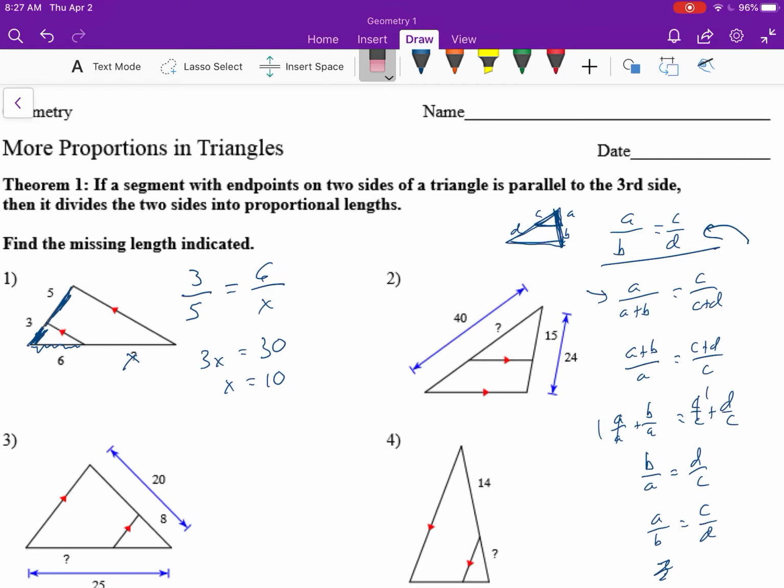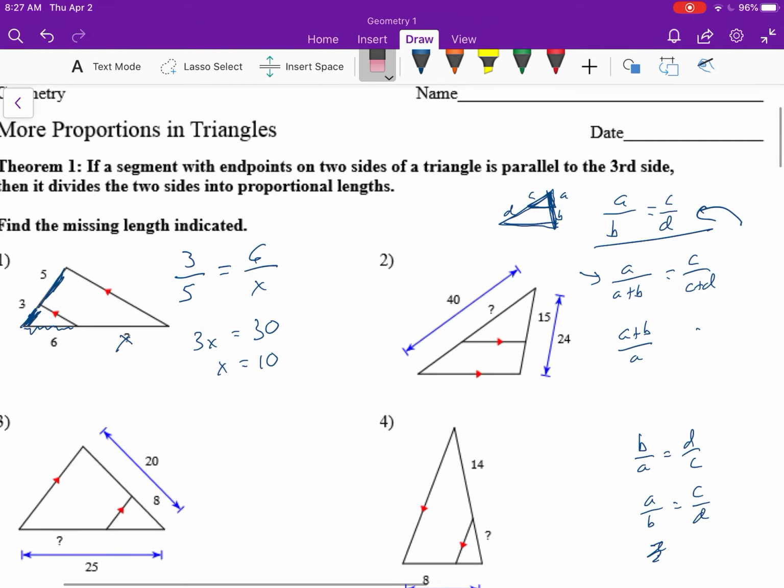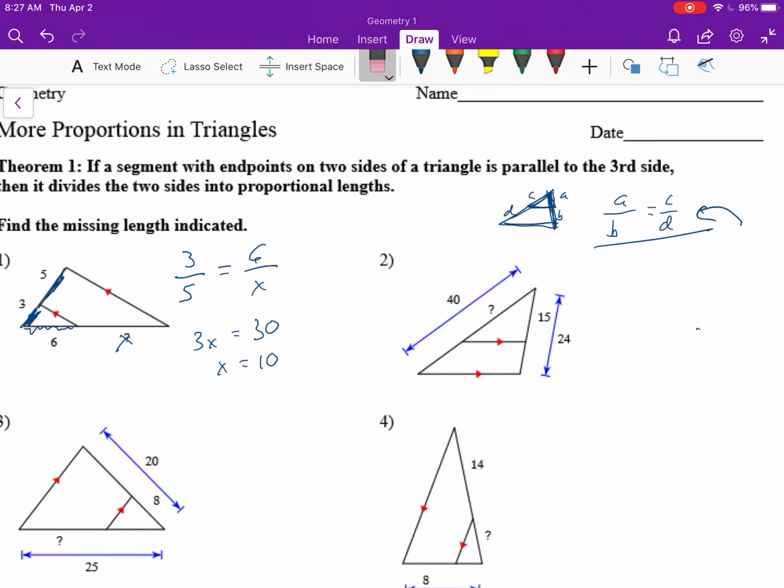All right, coming to this, I want to look at some of these other ones. They're all a little bit different. So let's take a look at this one.